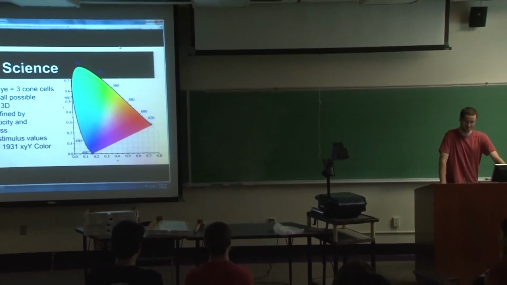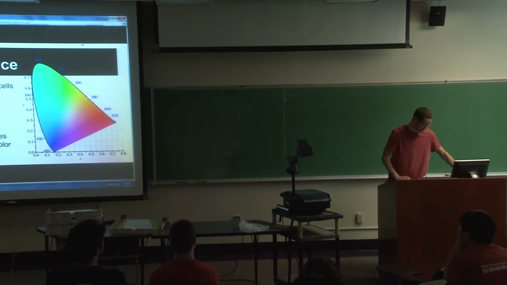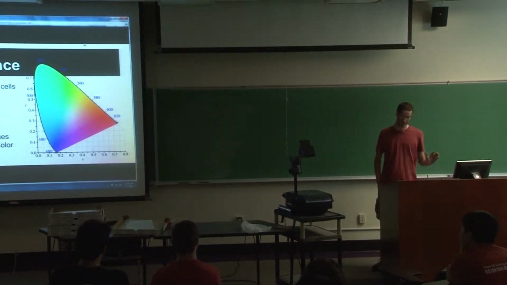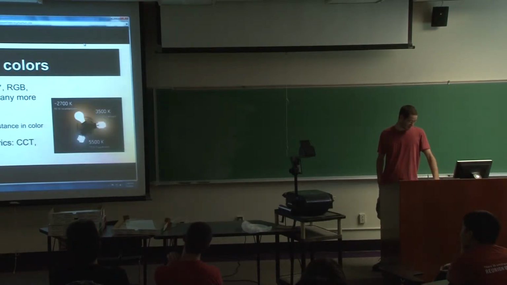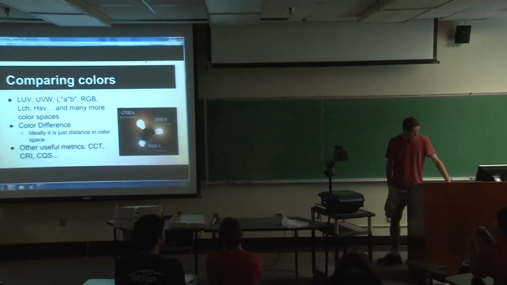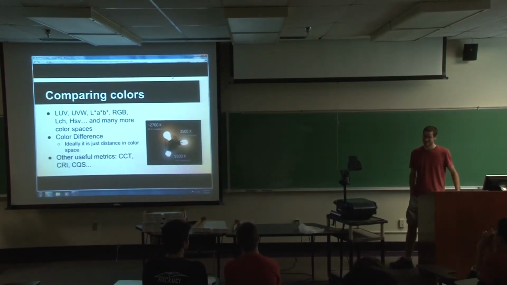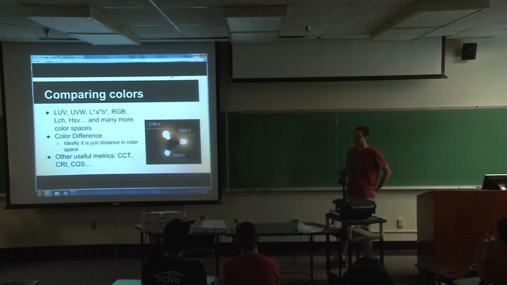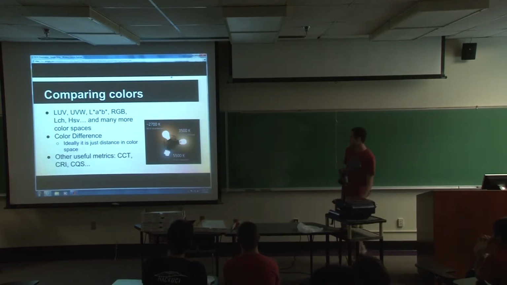If it's a perceptually linear color space, you will see the same color shift between those 2 colors in those 2 regions. But a lot of color spaces aren't actually perceptually linear. So you can have two colors that are separated by the same distance in color space, but they won't actually appear to be different by the same amount. So that's important.